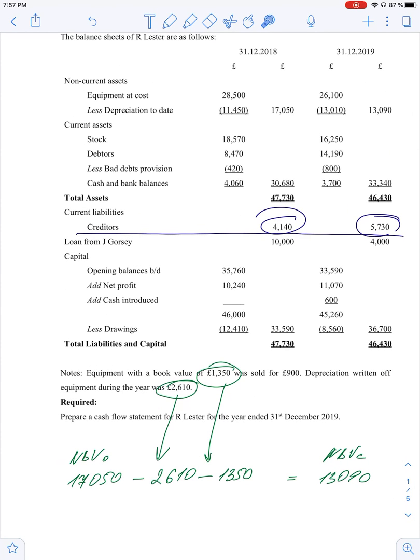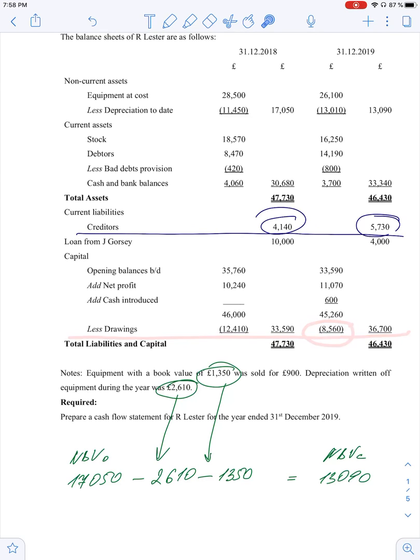We have to consider drawings or dividends paid if it's a large company also. And here we have a line which reads drawings, and it seems that in the year we are interested in, that amount of cash was repaid to the owner as part of profit. If that was a large company, we could talk about dividends, but in small companies, we talk about drawings.